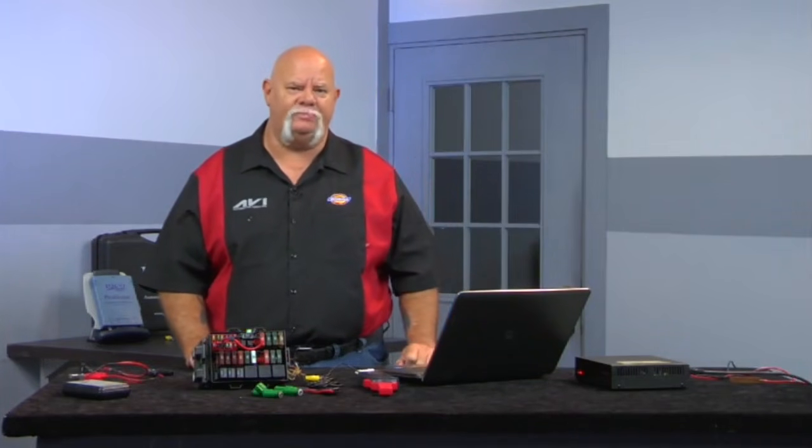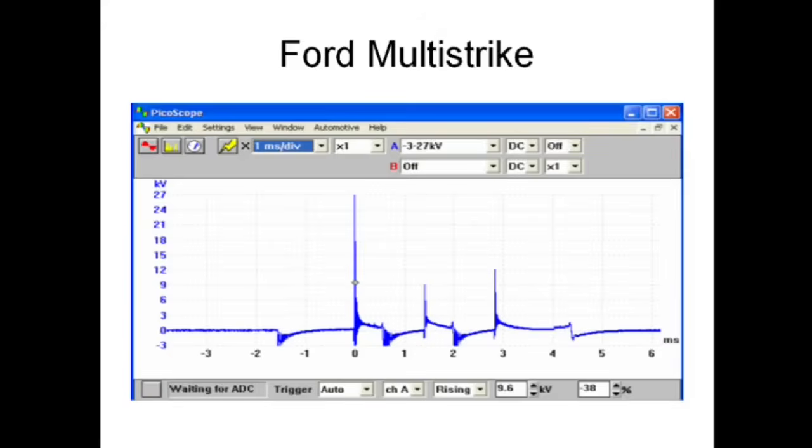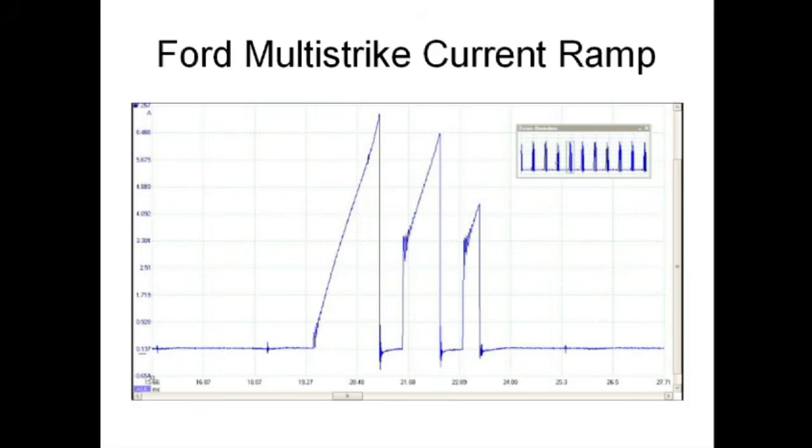Now this is a secondary to try to give you an idea of what's going on as far as the spark plugs firing 3 times in one compression cycle. This is the secondary. Now let's take a look at the primary current ramping. If we look at the first firing event, it looks like a typical good current ramping pattern.